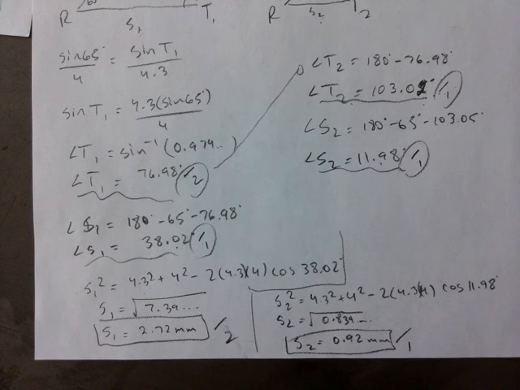Did you get the same answer? Close? Close. Very close, right? Like 0.01 off? Yeah, that's fine. Sine law is still your friend. If you like sine law more, I'm more like a cosine law person. If you're a sine law person, you stick with it. No problem. But remember, at the very beginning, you only have 1 choice.